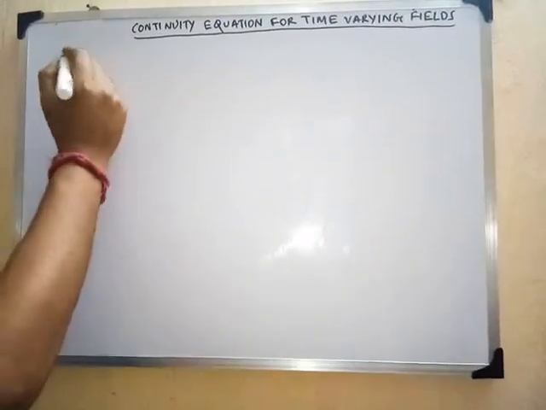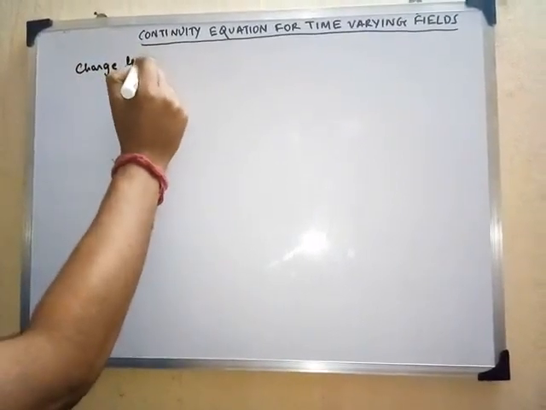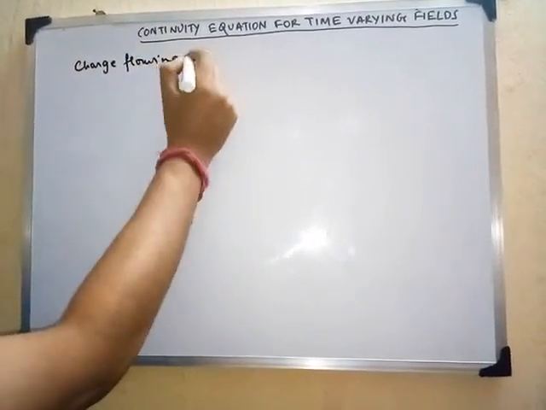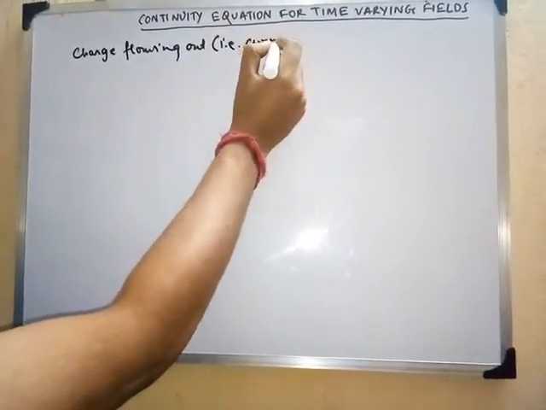So first, let us write it for you. Charge flowing out, that is, I'm talking about current, right?